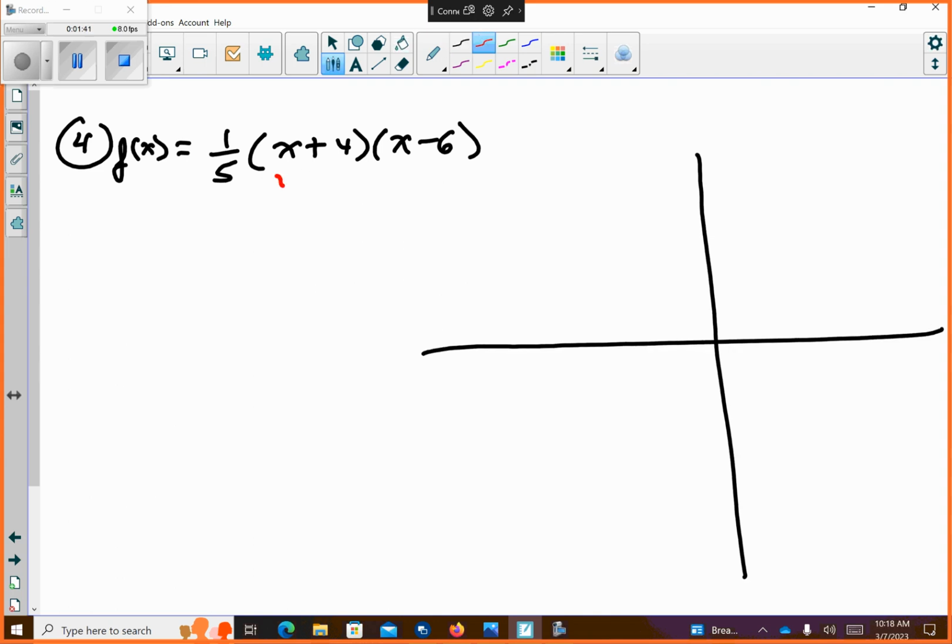So first thing, this is going to yield me the point -4 comma 0. So 1, 2, 3, 4. That's -4. And then this one is going to yield me the point 6 comma 0. So 1, 2, 3, 4, 5, 6.